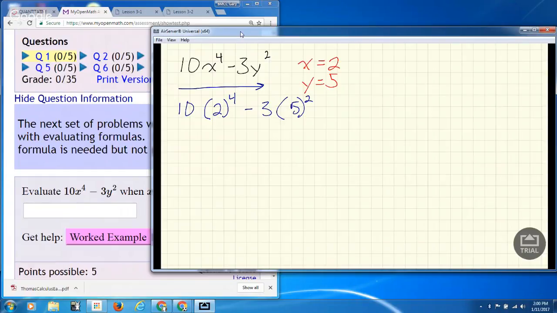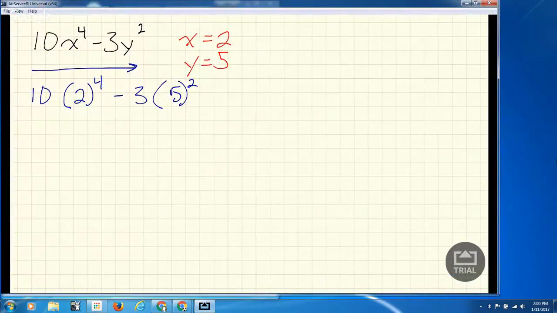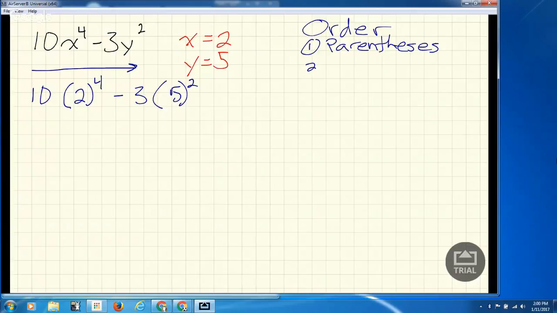Let's load this up. So the order of operations is: 1, do what's inside parentheses. 2, we do any exponents next. 3, we do any multiplications or divisions. 4, we do any addition or subtraction.